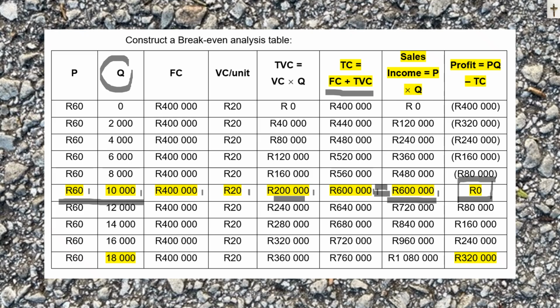Now when 18,000 units are sold, which is when all the files are sold, a profit of 320,000 Rand is achieved. There you can see the income less the expense, the total costs, and at that point 320,000 Rand profit has been achieved. That's obviously where you want to be.